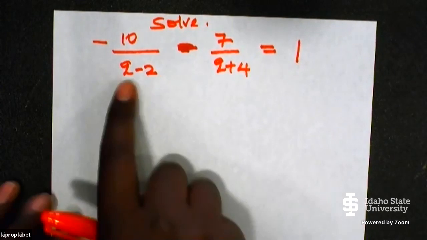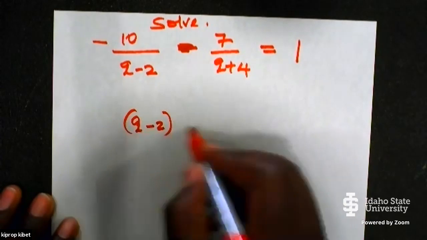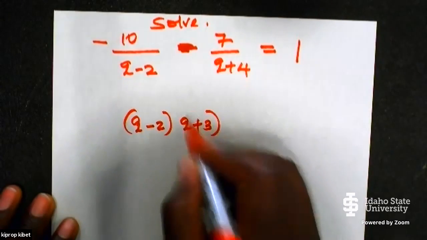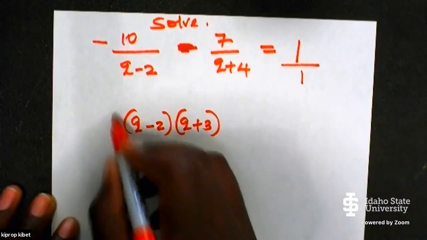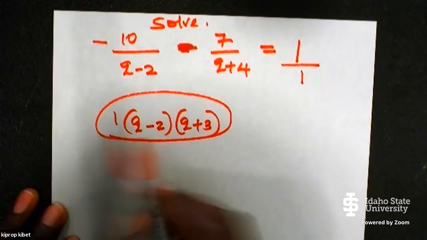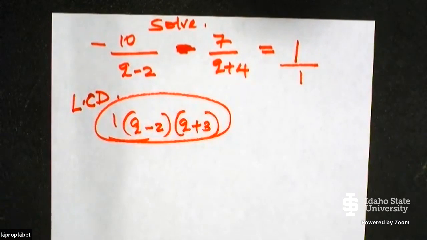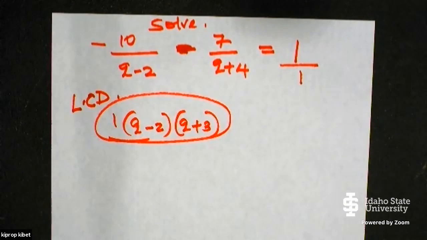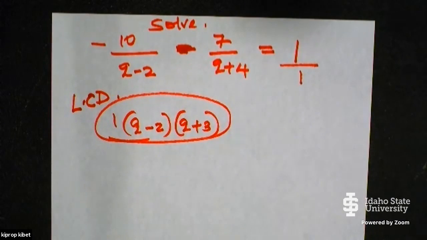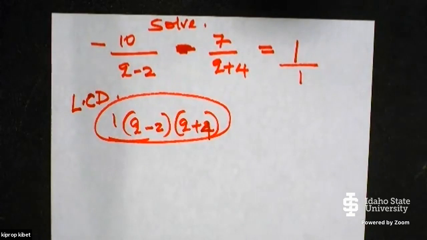For this case, we have q minus 2 and then q plus 4. You can check all of it as the least common denominator. Oh, sorry, I wrote q plus 3 instead of q plus 4. I don't know why I wrote 3.